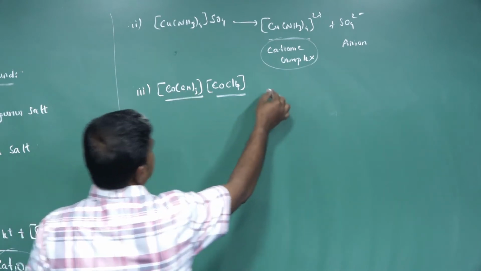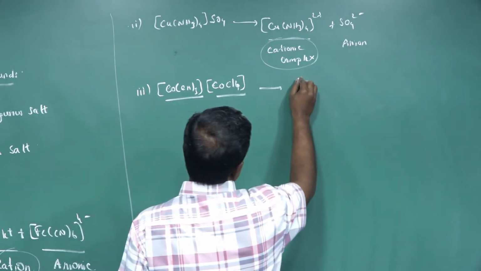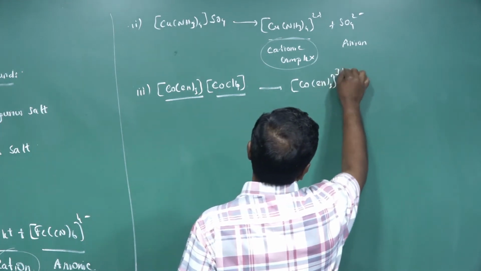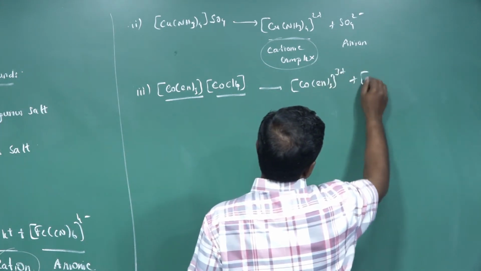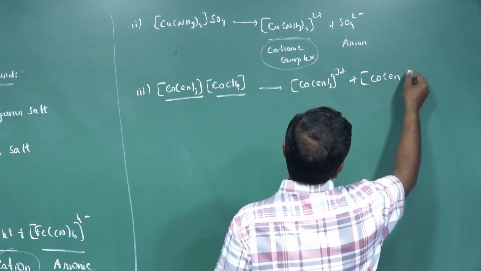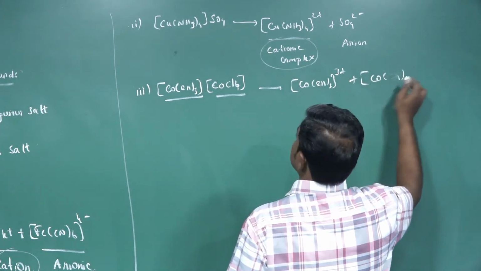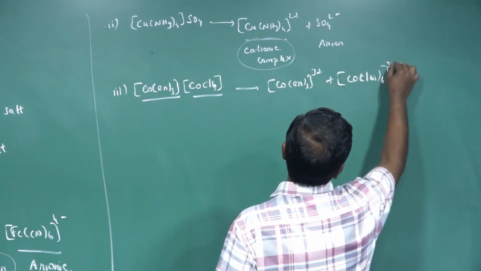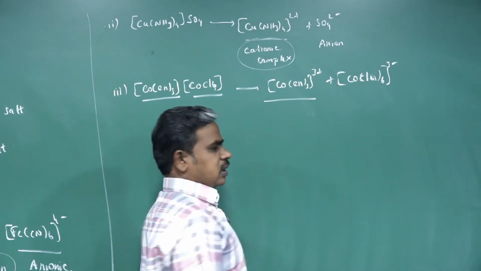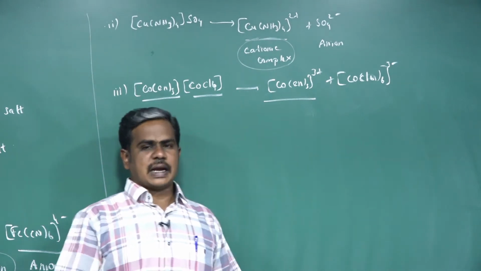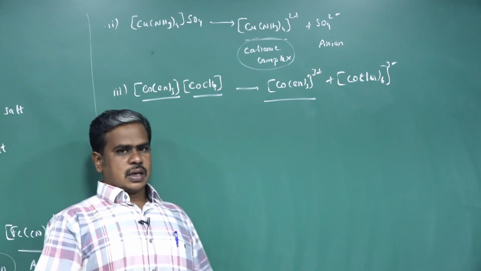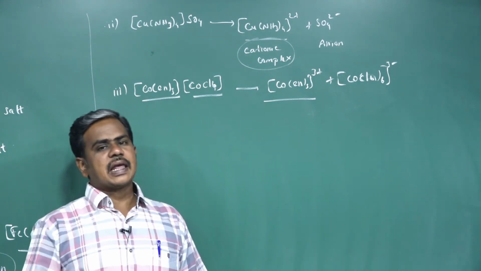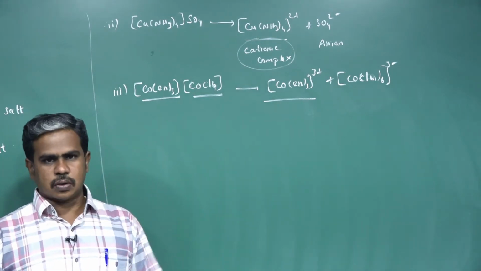So first we name the cation, that is [Co(en)3]3+ and [CoCl6]3-. So first name the cation, after that the anion. So whatever the complex, cation first and anion next. It is the first rule.